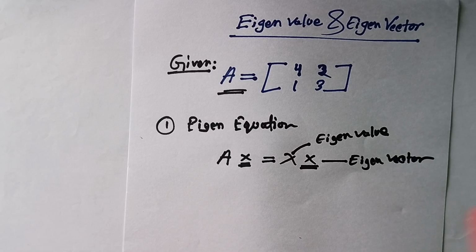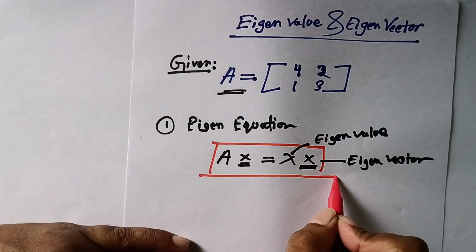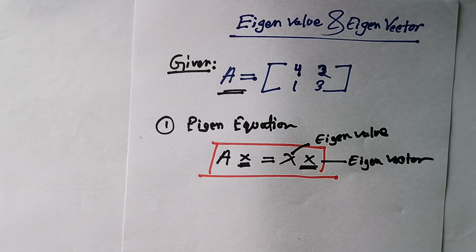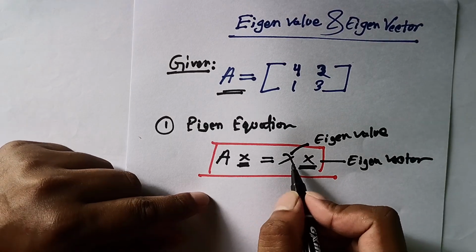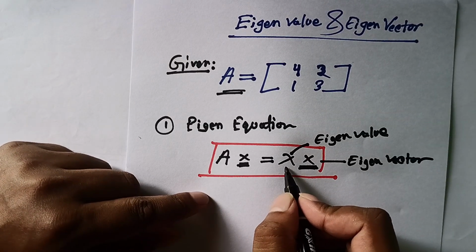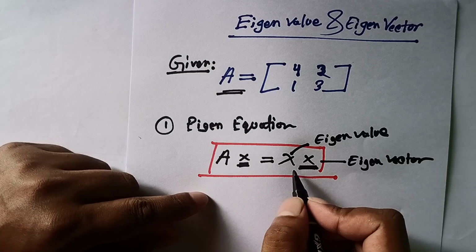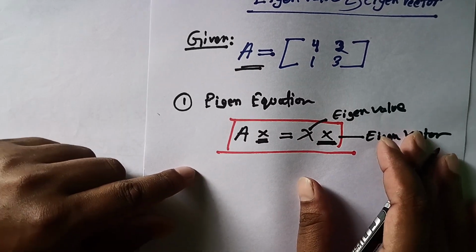So if any equation satisfies this one, then x will be the eigenvector and this lambda will be an eigenvalue. It's a scalar value.